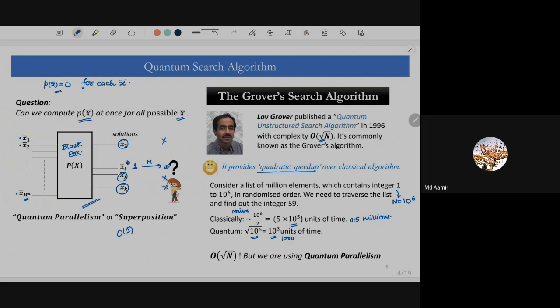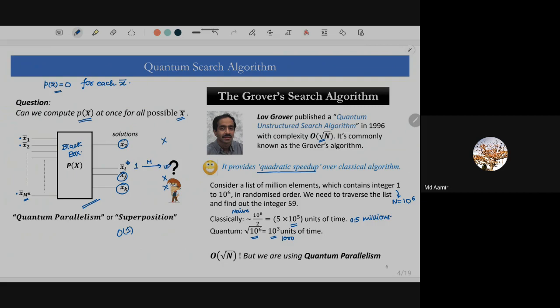So this is the main point that actually brings down the exponential speed up to this quadratic speed up, because we can't access all the solutions, which are in a quantum state in a superposition form. We want to access only the one which has the solution as 1.